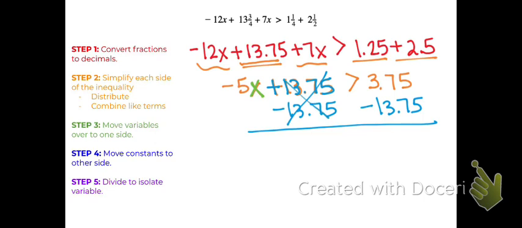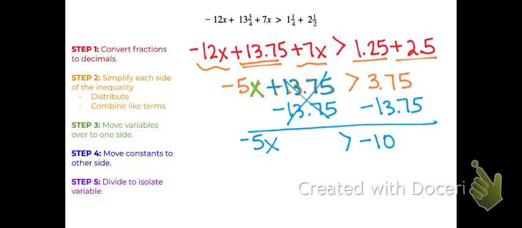Anything positive plus the negative, that cancels out. 13.75 minus 13.75 is 0. So I'm left with negative 5x. And on the right side, I have a negative 10. Do I flip the sign for subtracting? No, it stays as greater than.